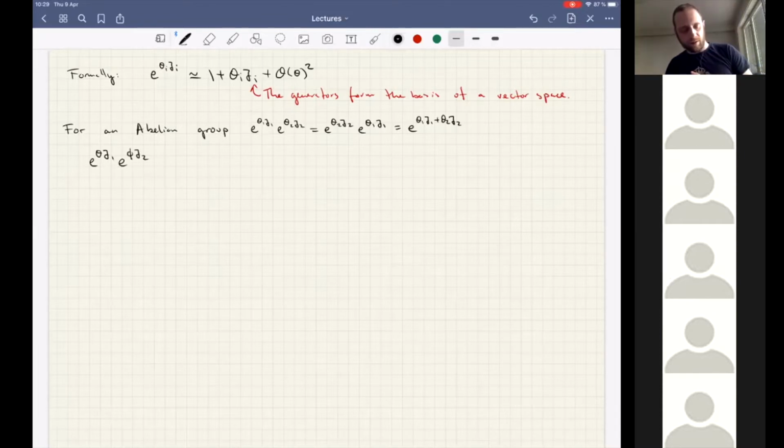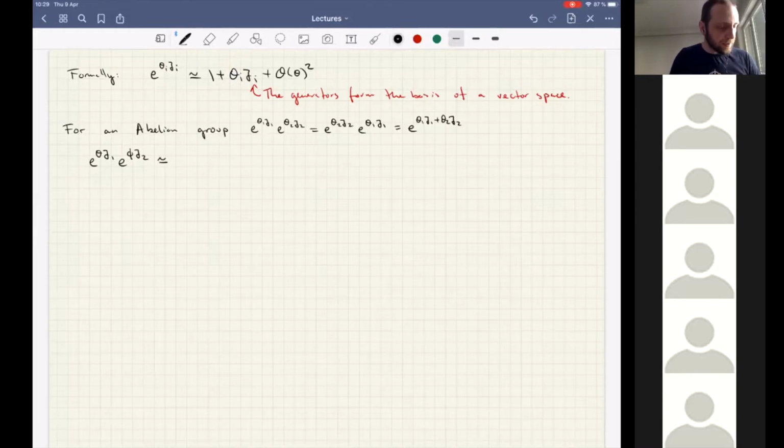If I take these two and expand them to second order in theta and phi, I'm going to get something like what follows. This is again just done formally, keeping in mind that the generators J_i do not necessarily commute with each other, so the order in which I write them is important. The thetas are just real numbers, so where I put them is not as important.